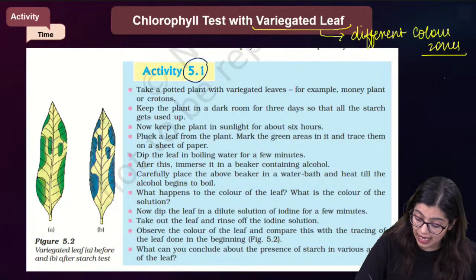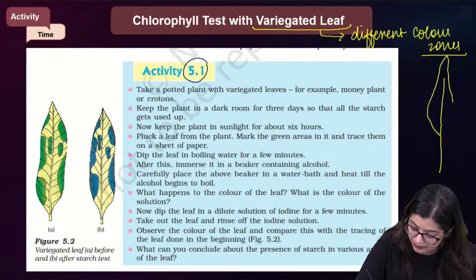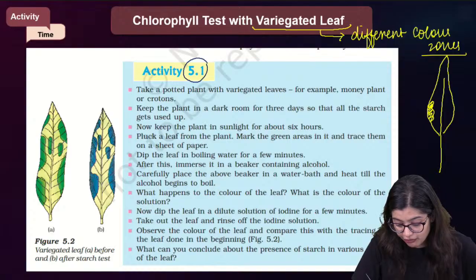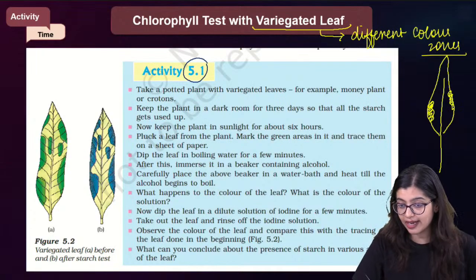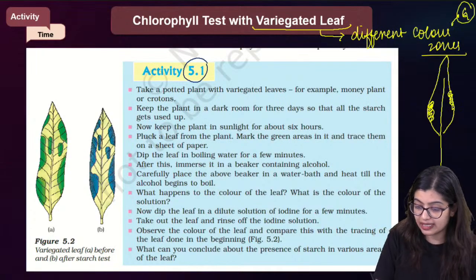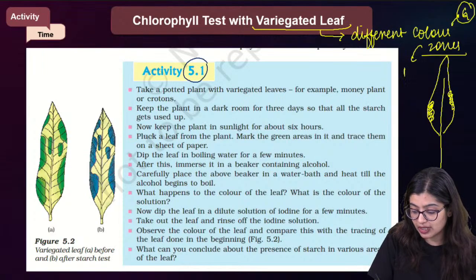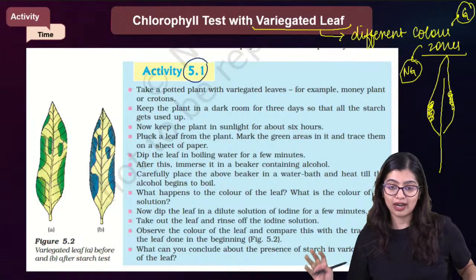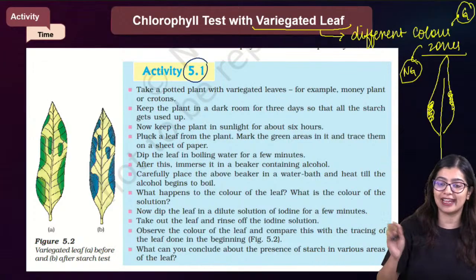That means that there are parts of the leaf which are green in color, and there are parts of the leaf which are non-green. So this is what we need to understand as a variegated leaf.